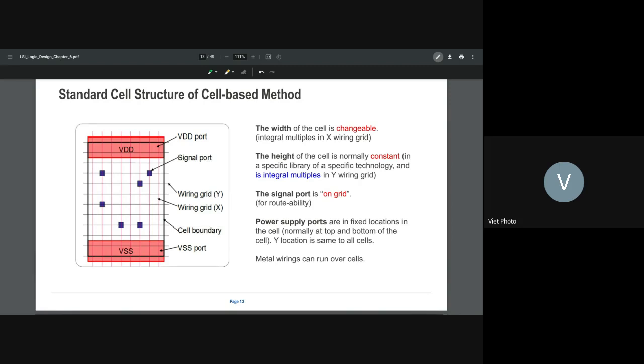Let me illustrate with a demo like this. Let's say this one is one row. That's what we talk about here. Then this one will be VDD, this one VSS, and then it will repeat VDD and VSS.